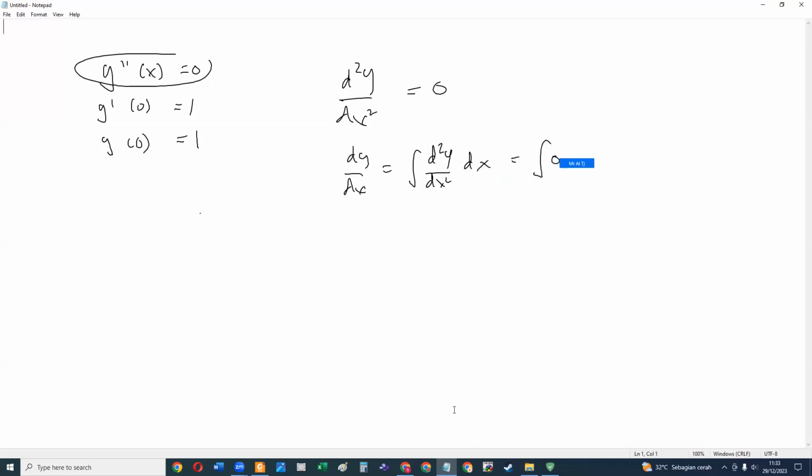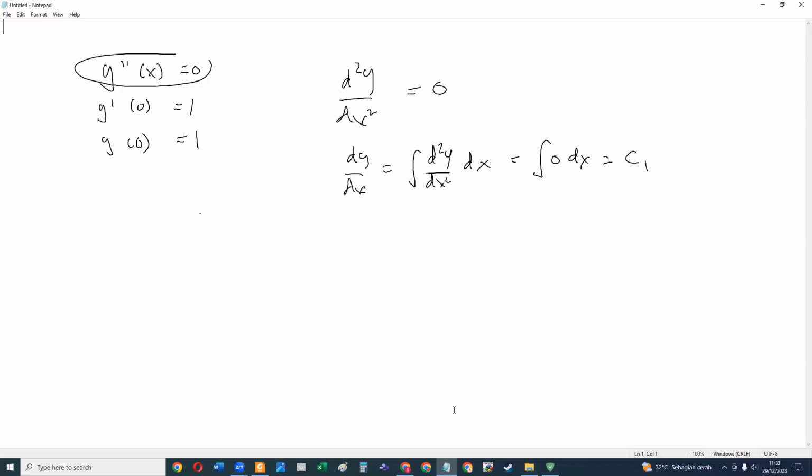In this case, it's going to be a constant number, let's say C1. To find the first derivative, we integrate the second derivative, and we're going to have an arbitrary constant.